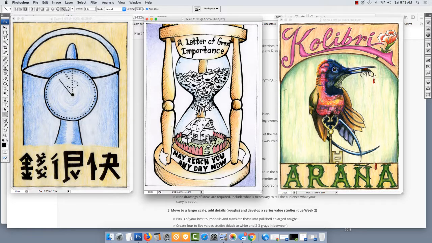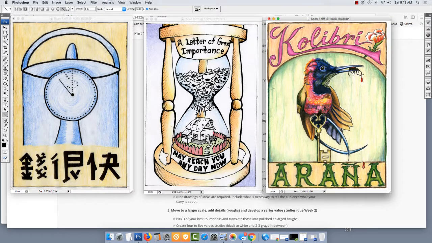So he went through ideas: any day, the hourglass. What does the hourglass symbolize? The hourglass symbolizes time. Any day, which is time. And he did this really cool image of all these letters. This woman didn't write down her fortune cookie, but it was something about being powerless, and something about the key to your future. I guess colibri is Spanish for hummingbird, and araña is spider.